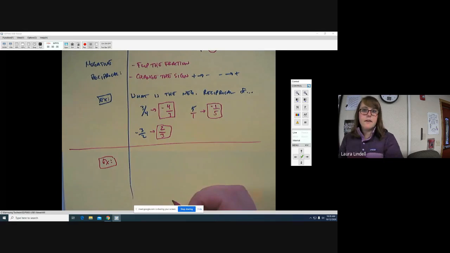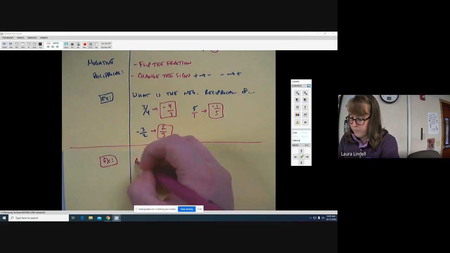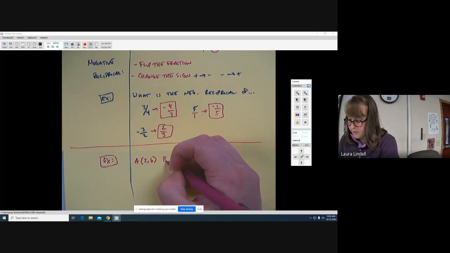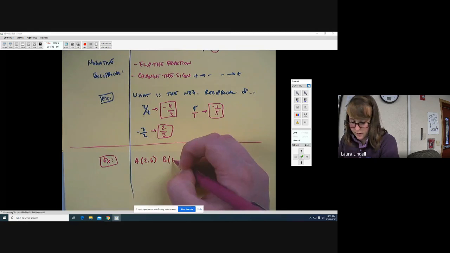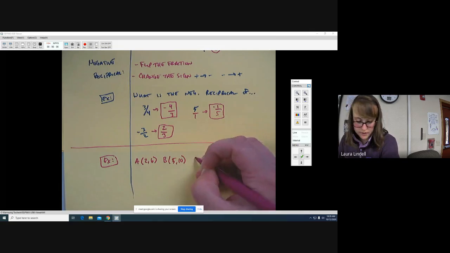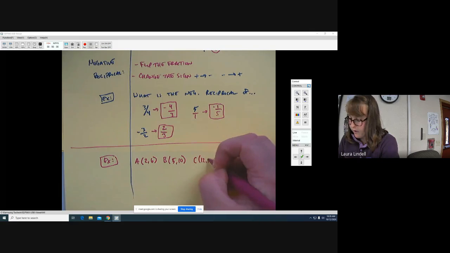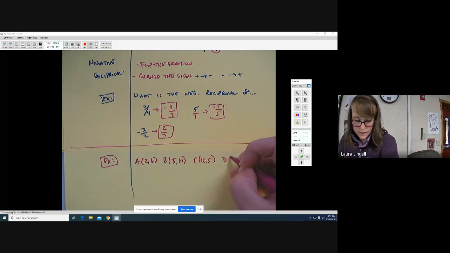We might be given two lines, like some points that are on two lines. We might be given point A is 2, 6. Point B is 5, 10. Point C is 12, 5. And point D is 9, 9.